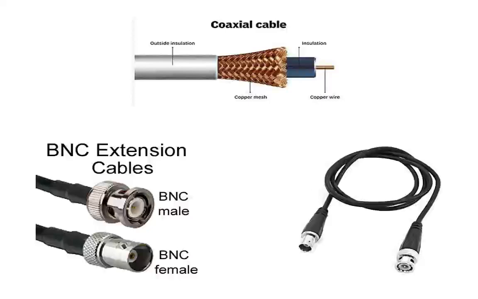There is no difference like crossover cable or straight cable, because we have only two lines, right? So the only thing is it has a BNC male connector and a BNC female connector. We can connect cable to cable directly. The right side one which we have is a patch cable of coaxial cable, which is shorter in distance.